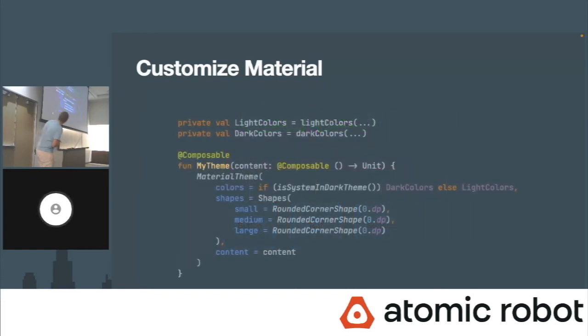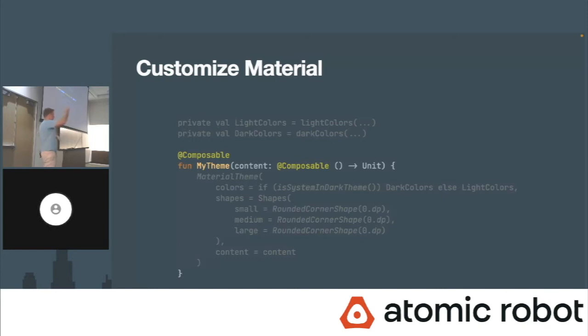So what does this look like? Here we have some code. If we want to have our own custom theme that's going to customize the Material theme, this would be one way that we could do that. You'll notice that we have a MyTheme composable that just takes a content lambda, which is itself composable.